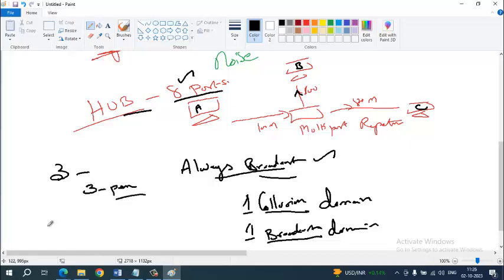If you only buy 1 pen, then the 3 children will fight for that pen. That is the problem. To control the collision, there is only one domain. There is only one controller for the entire box.